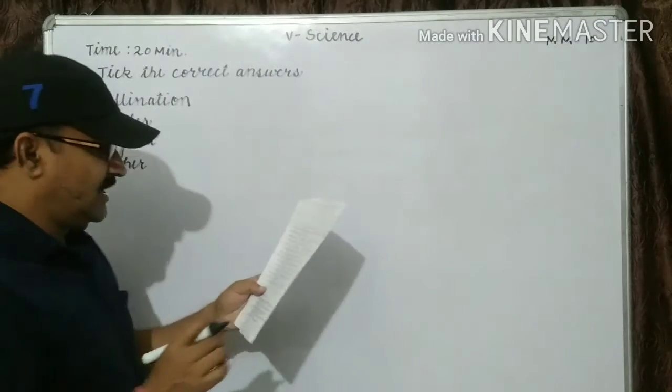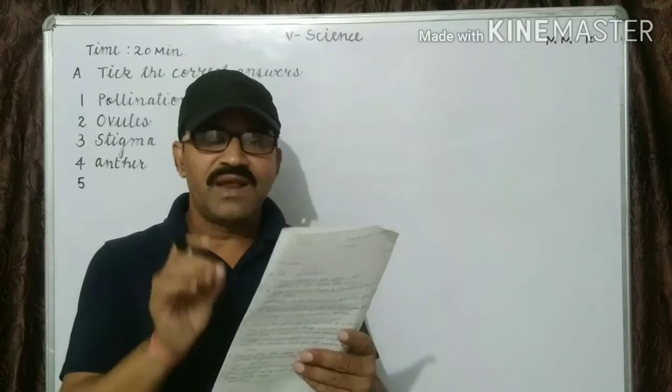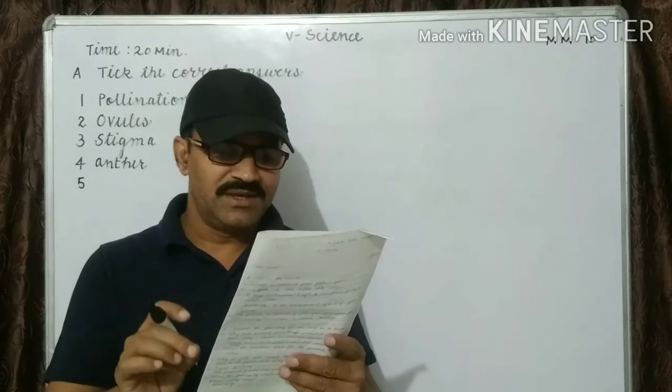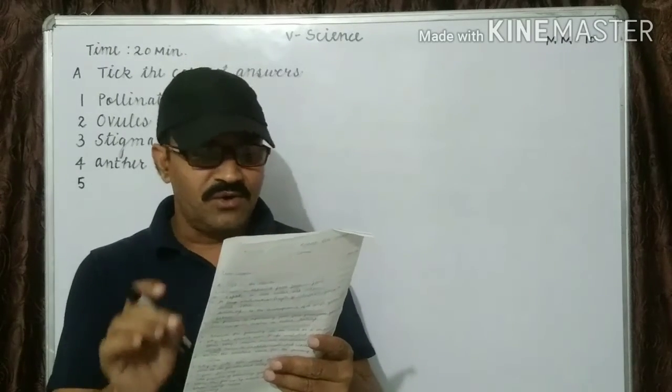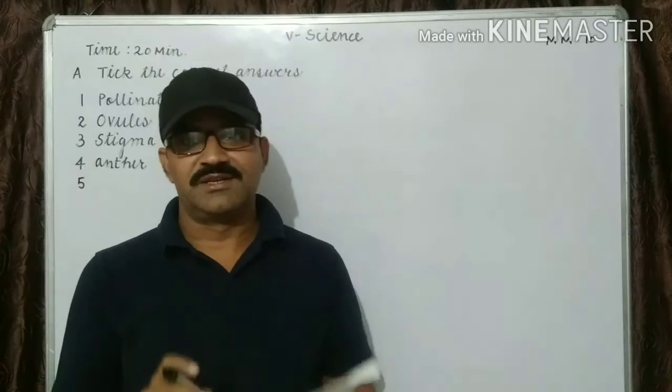Now you understand, listen carefully to this question. The pollen grains of flower A are transferred to the stigma of flower B of a different plant of the same species. This process is called cross pollination.